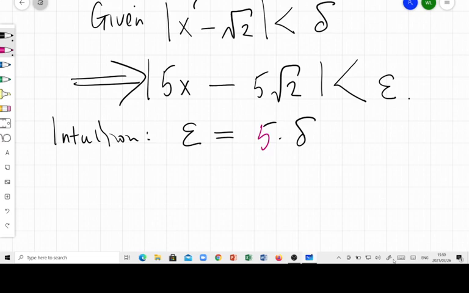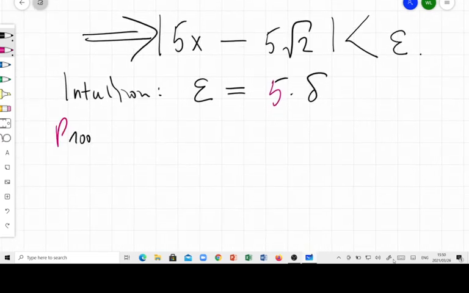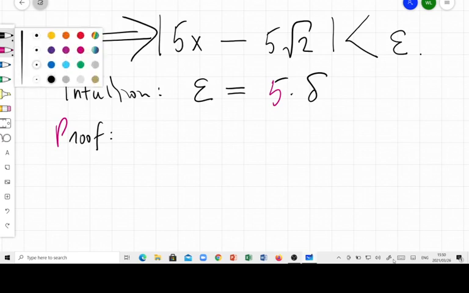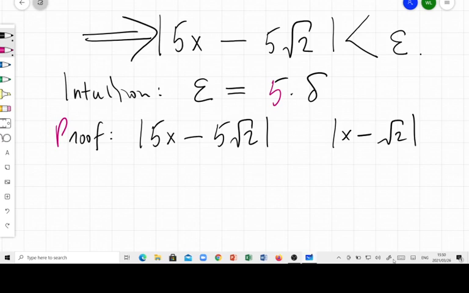So let's actually prove it using that same trick that we were using. Remember, we take this unknown deviation, unknown distance, and we try to express it in terms of our known distance between x and square root of 2.